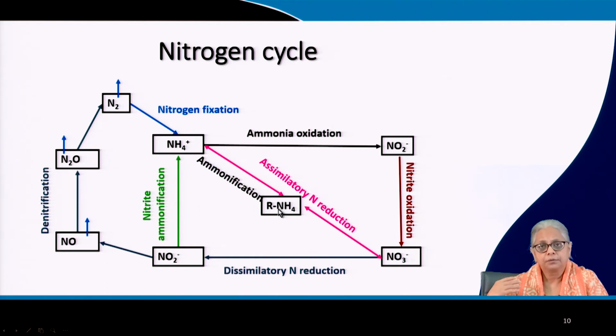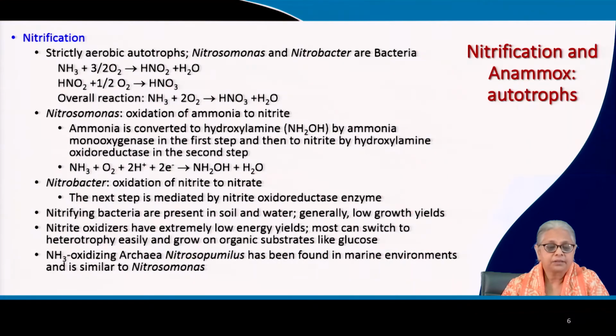When you think about wastewater, one of the biggest things that wastewater contains is organic nitrogen. So this is shown as RNH4. This RNH4 is organic nitrogen. The first thing that happens is that it becomes ammonia, free ammonia. And this free ammonia is then converted by oxidation to nitrite and nitrate, and that is what we are going to look at over here.